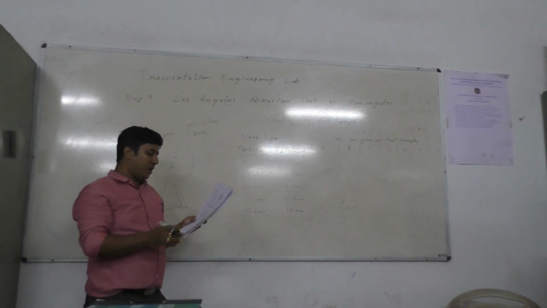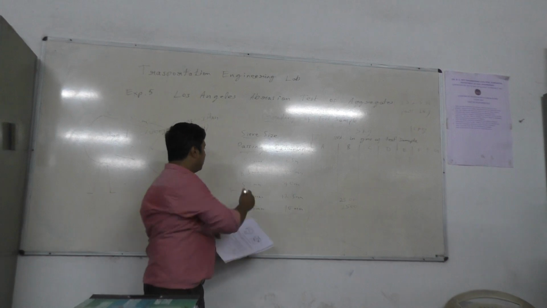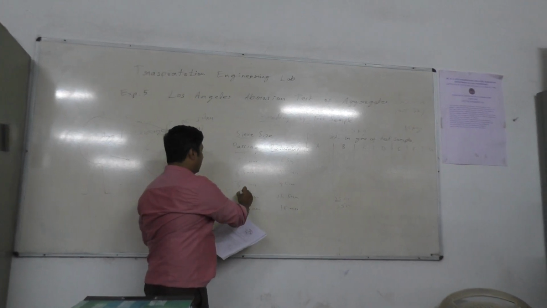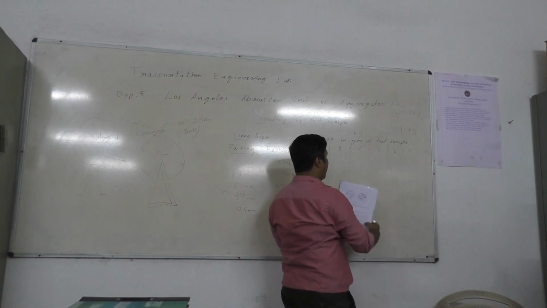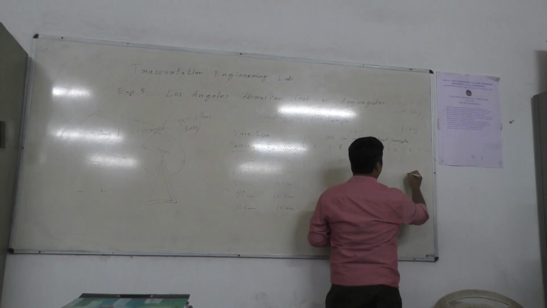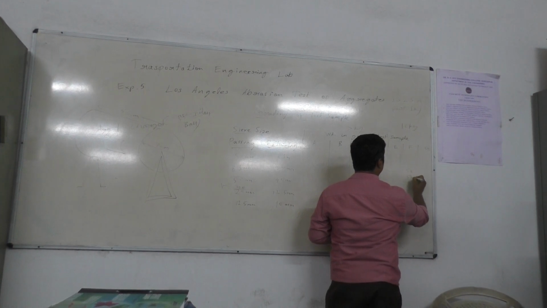Like this way, if my sample size is 40, then it will fall under the range of F, with 5 kg and another 5 kg.